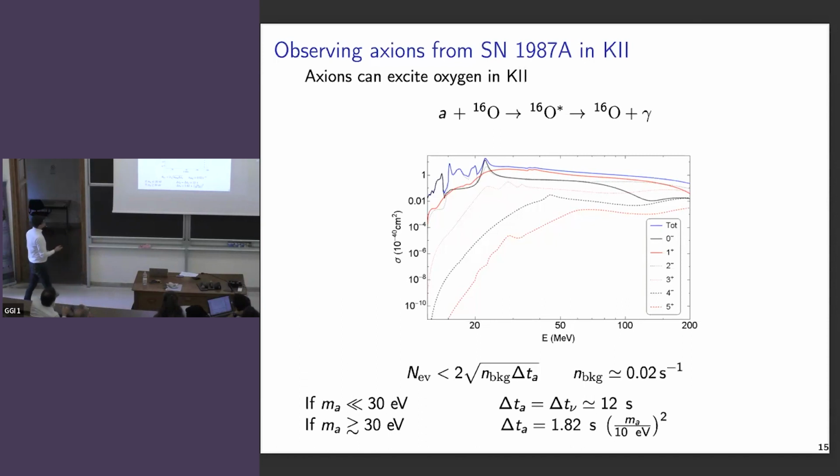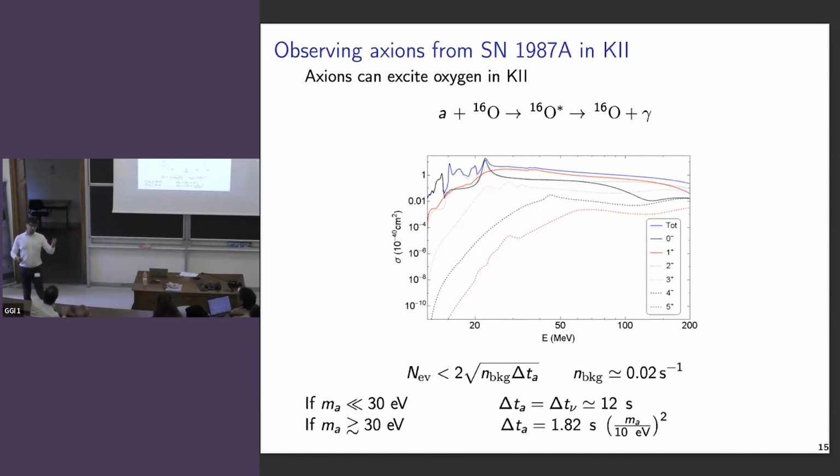So recently, the cross-section for this interaction has been revised, and here you can see the cross-section for the excitation of different levels of the oxygen. And so one can evaluate the number of events induced by axions arriving on Earth. Now, if axions were produced during supernova 1987A, they could have induced a signal inside the water Cherenkov detector.